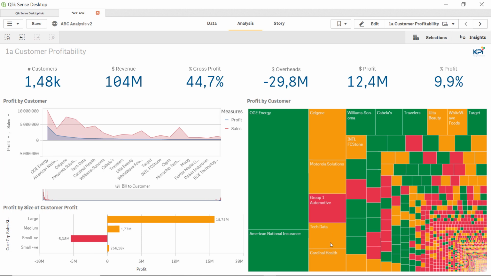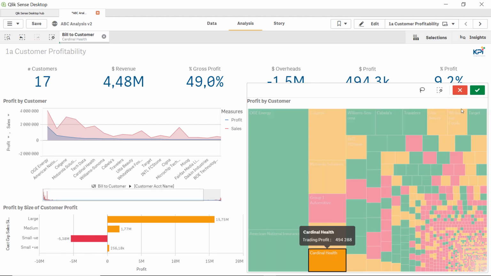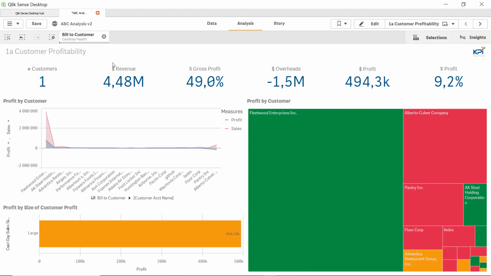So if I click on this Cardinal Health, again, fictitious data, it's one customer with many branches and maybe many subsidiaries below them. This is also quite typical: you might have a customer that's got 42 or 46 branches in this case, some of which are making acceptable profits and others are actually losing you money. You might know that already, but it's good just to visualize it in this way.